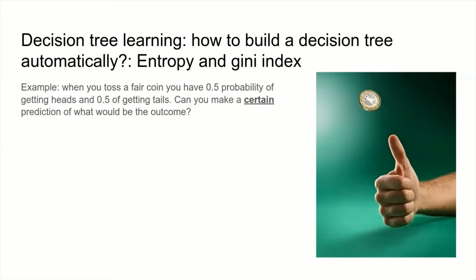So I want you to imagine, can you make a certain prediction of what the outcome will be if I toss a coin with these settings? Can we predict with certain confidence what the outcome is going to be?